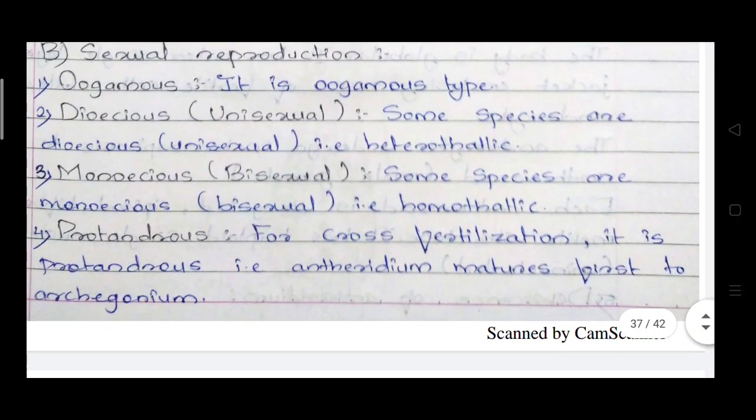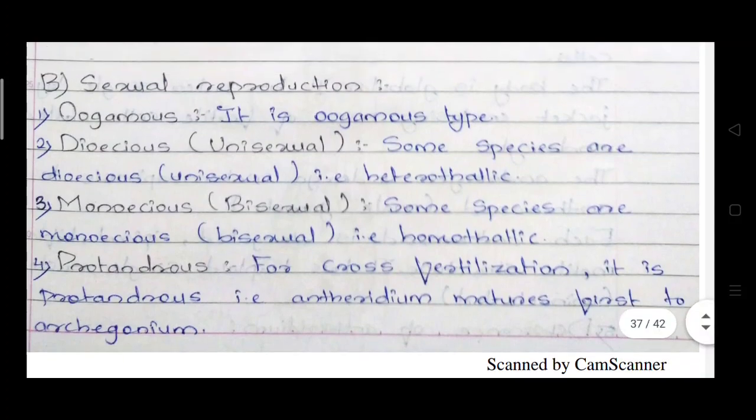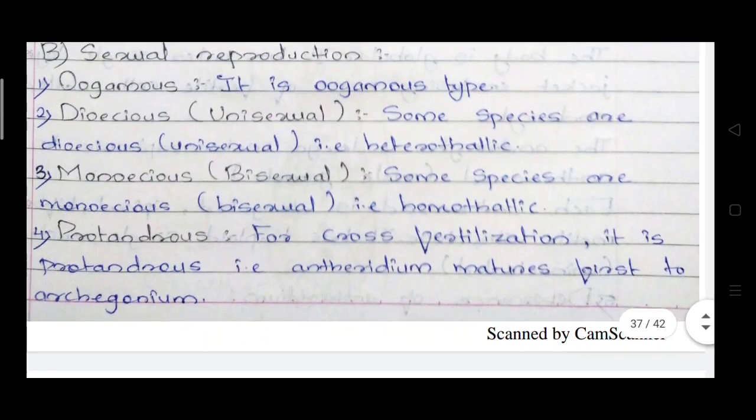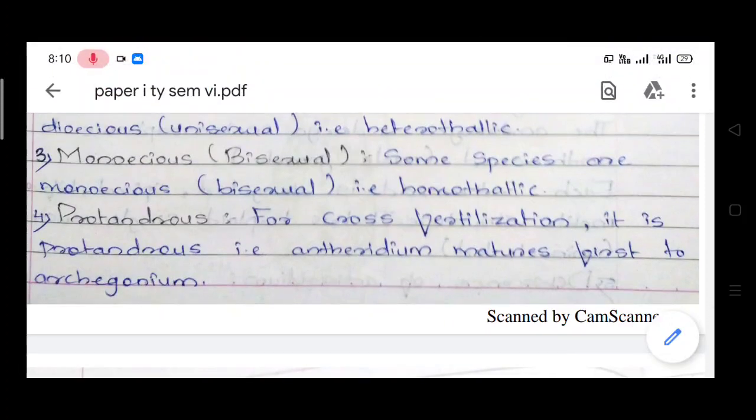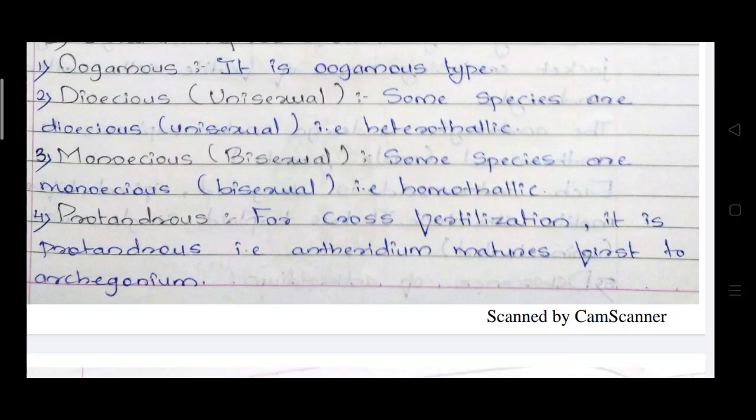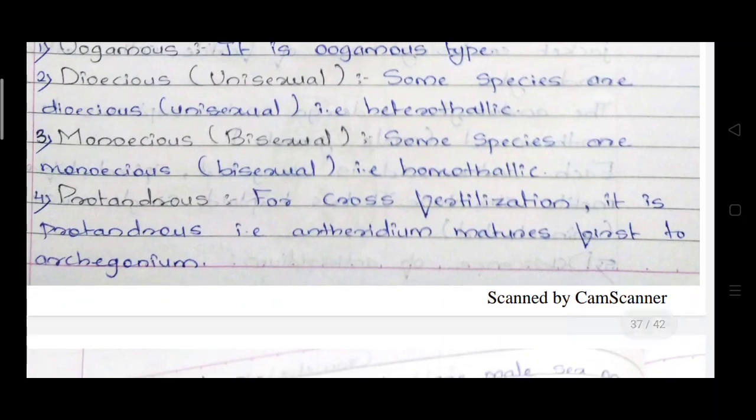Then we move towards sexual reproduction. Sexual reproduction in the Sphagnum plant is oogamous. That means the male gametes are motile and the female gametes are stationary. Some species of Sphagnum are unisexual and some are bisexual. Unisexual means the male and female sex organs are present on different thalli, that is heterothallic or unisexual.